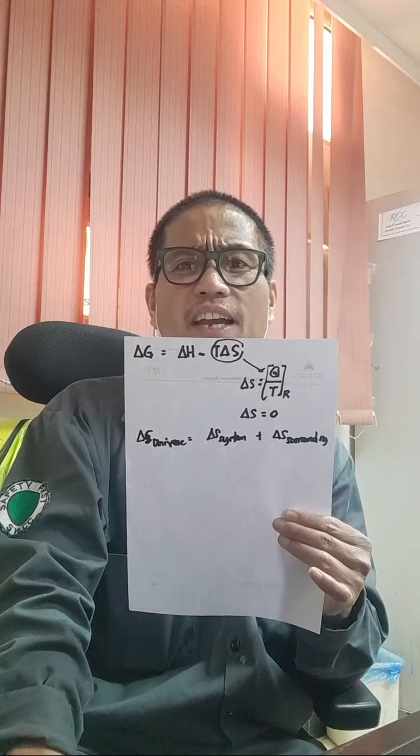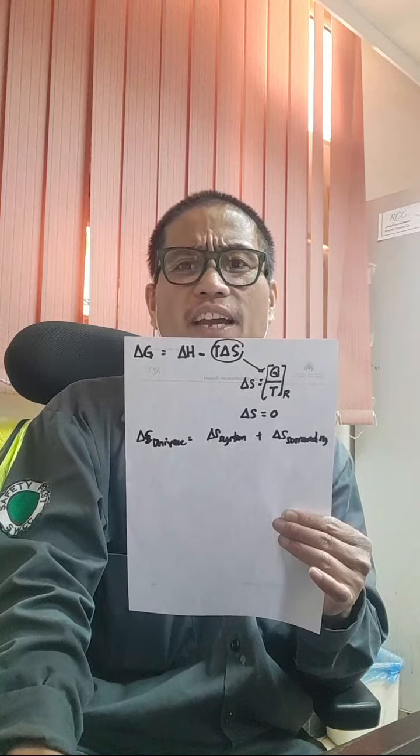So the change in internal energy is equal to Q, meaning work is equal to the heat absorbed minus the heat released. The heat absorbed by the system or heat engine, minus the heat released or transferred to the environment. That's why work is equal to QH minus QC. H represents the system or the heat engine itself, and C represents the environment or the surrounding where the heat is being transferred.